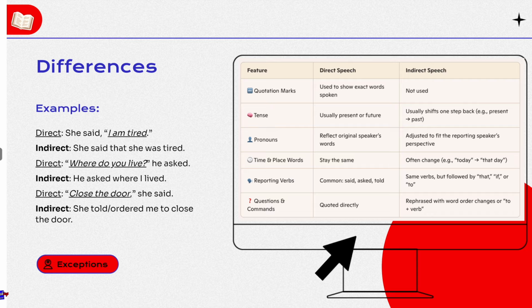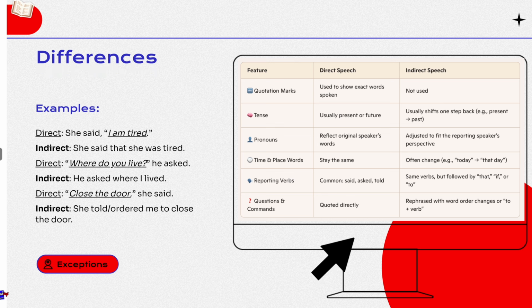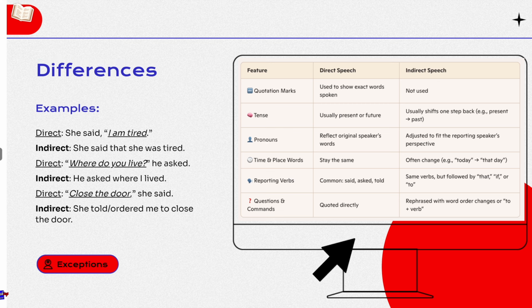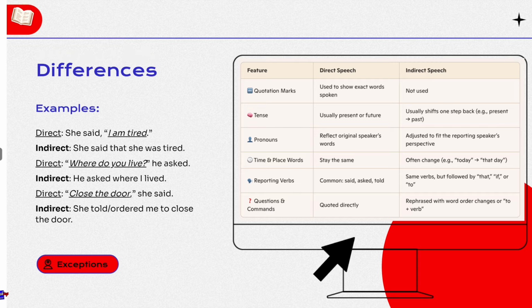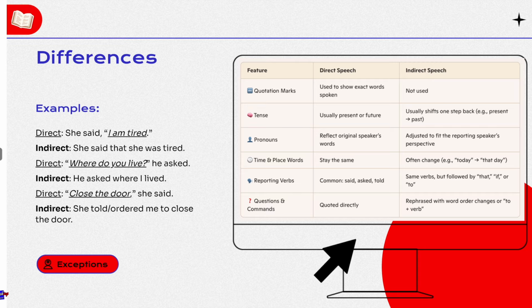Now we have a question like, "Where do you live?" he asked. So for indirect, he asked where I lived. Okay, so here we need to notice the shift of pronouns and tense. Tense goes back.